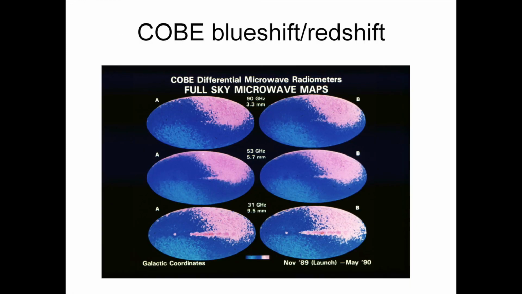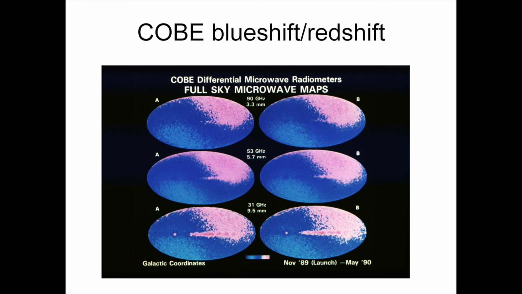Slide 19, we see some more results from the Cosmic Background Explorer satellite. As we look in one direction or another, we're going to see a slight blue shift and red shift shown here. That's because we're moving in the sky. And so we need to remove this motion so that we get what the universe is doing and not what is due to our motion in it.